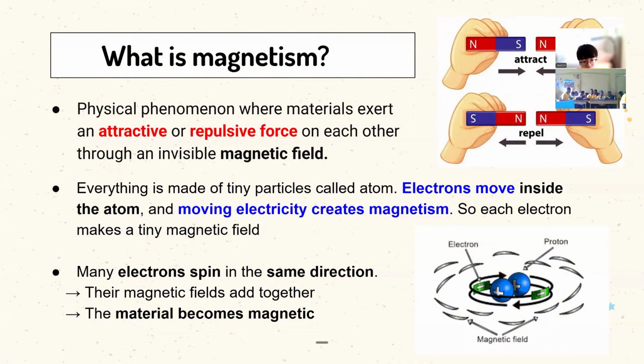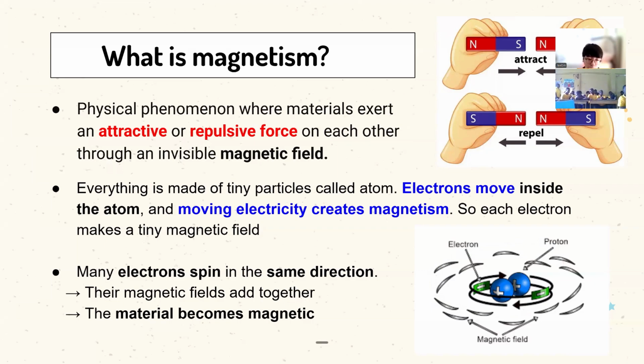For example, if the spinning of the electrons matches the spinning of another pair of electrons, then the magnetic field becomes stronger and the material becomes more magnetic. But if electrons spin in the opposite direction, then it will weaken the magnetic fields.